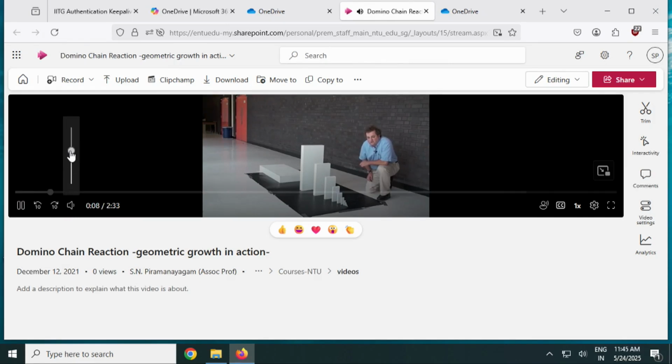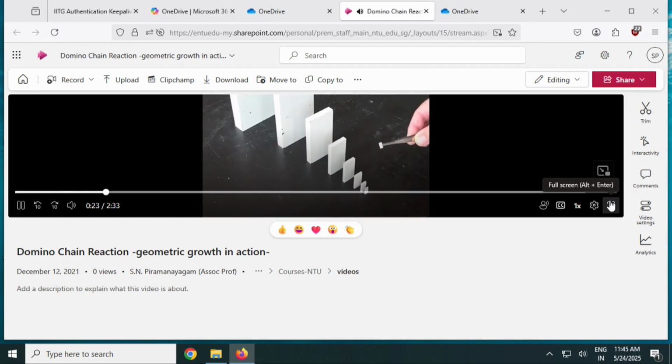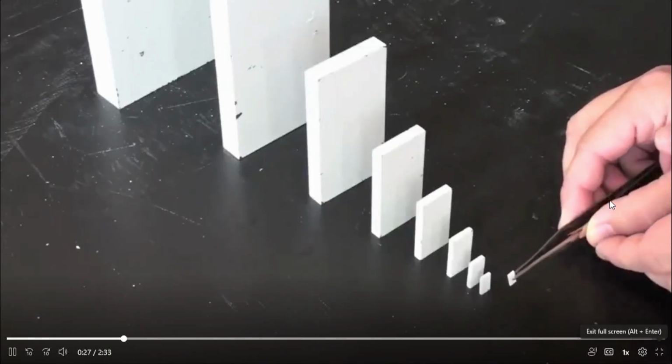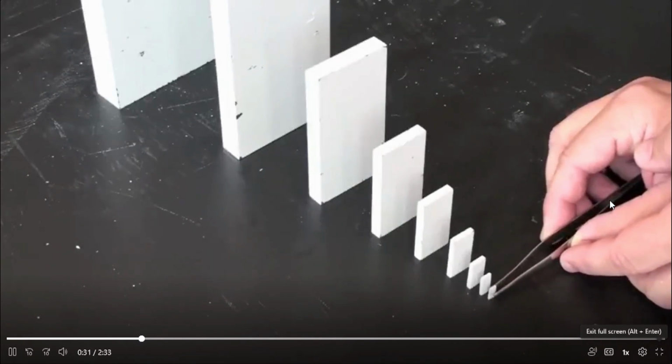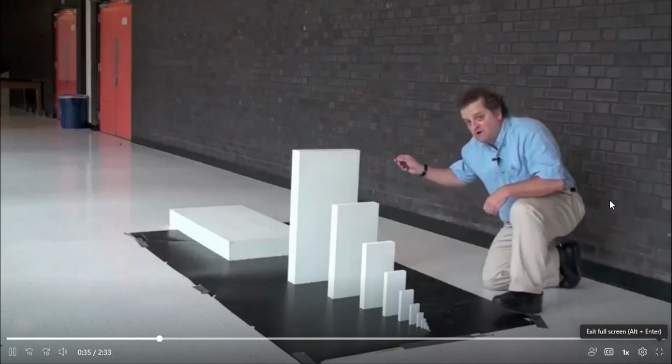Know is that a domino can knock over another domino which is about 1.5 times larger. So what I have here is a chain of dominoes. Each one is 1.5 times larger than the previous one. And the smallest domino is about 5 millimeters high and 1 millimeter thick. And I will carefully place it. And there are 13 dominoes.